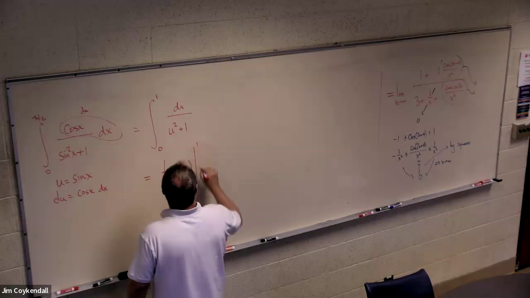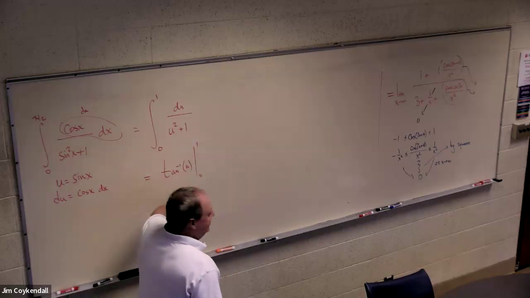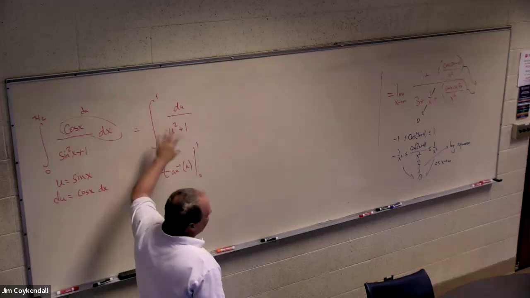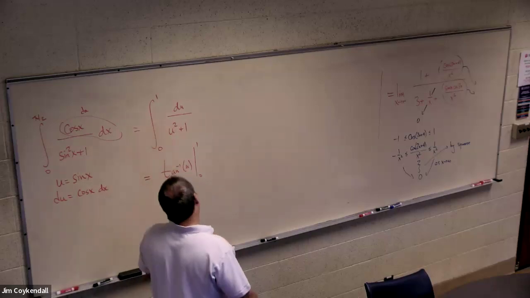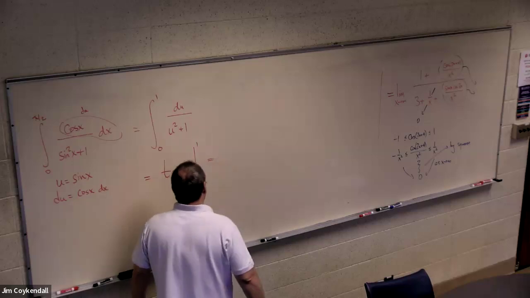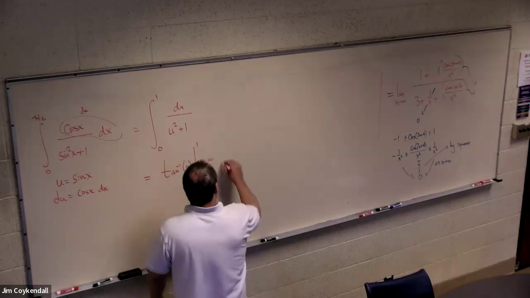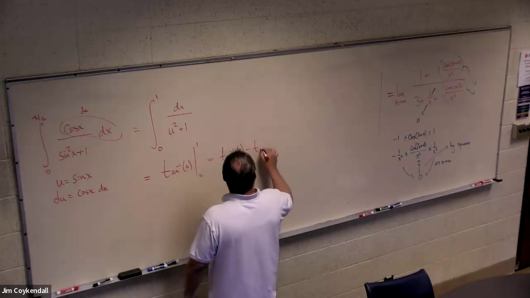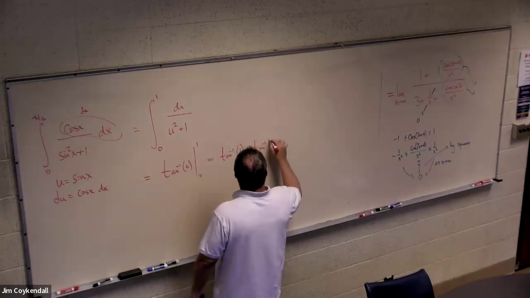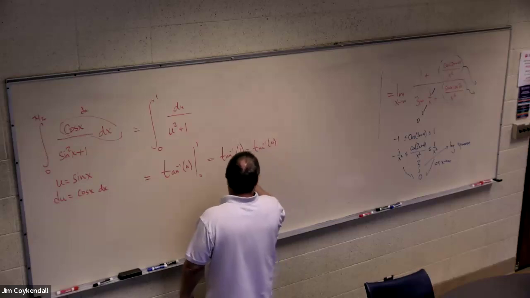I see a lot of you at this point putting back the x. You've changed the limits, so there's no point doing that. Leave it as u. That's the whole point of changing the limits: you don't have to go back to x. So this is inverse tangent of 1 minus inverse tangent of 0, and that's pi over 4.